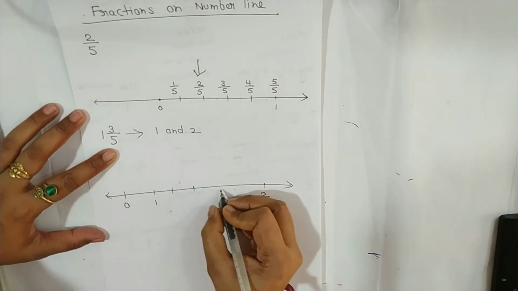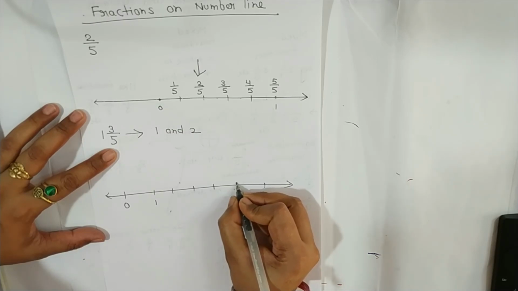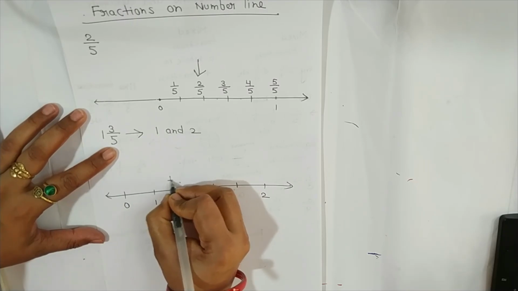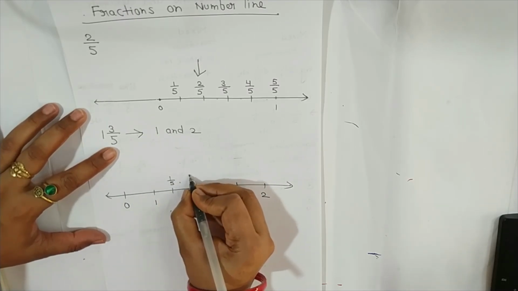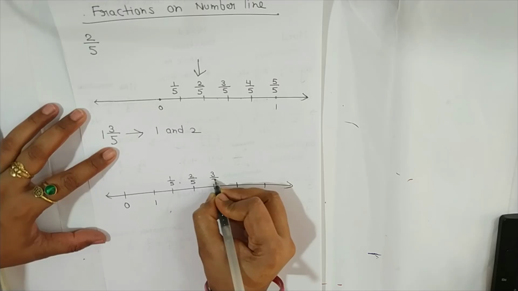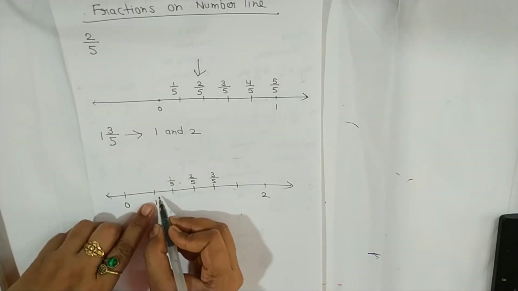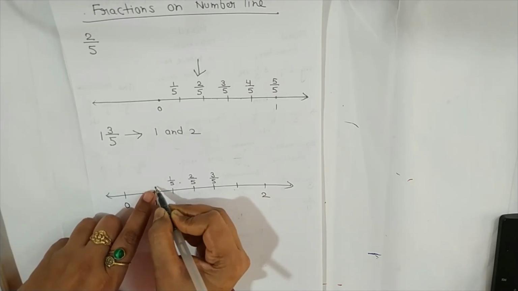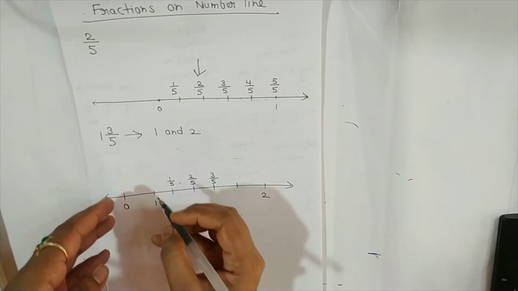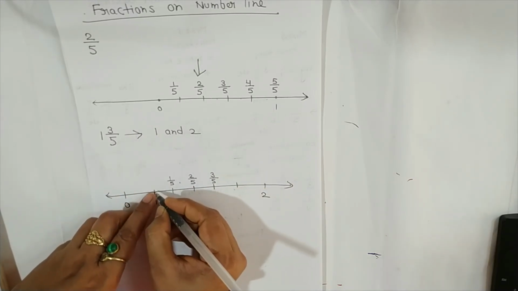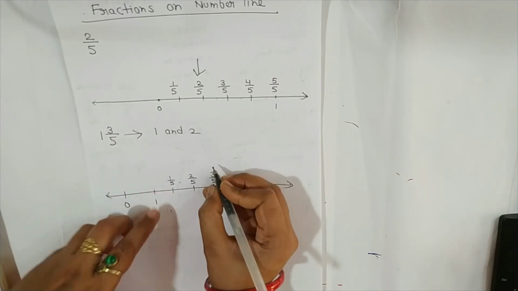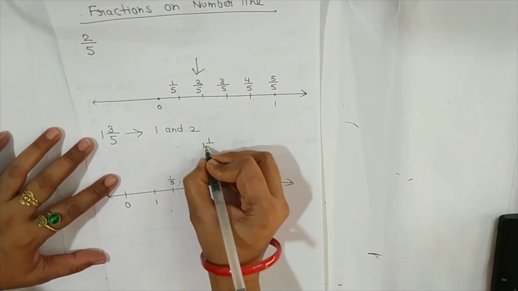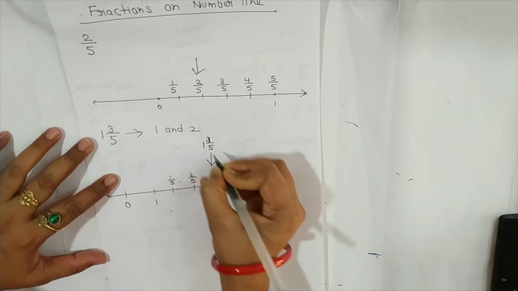First part is 1 upon 5, this is 2 by 5, this is 3 by 5. Now this is the 1. When we are moving ahead, it means something is added to 1. So this is 1 plus 3 upon 5, so it represents 1 3 upon 5. Okay.